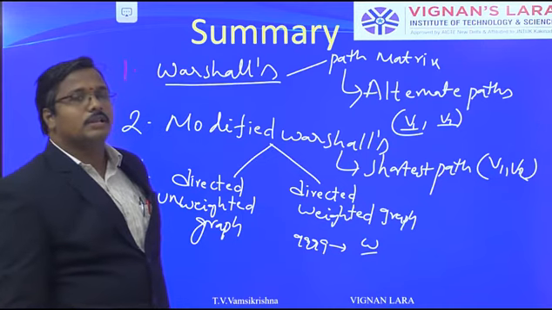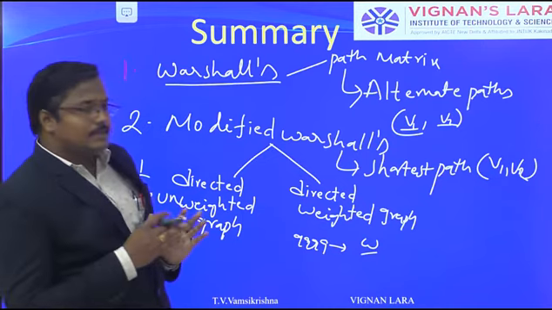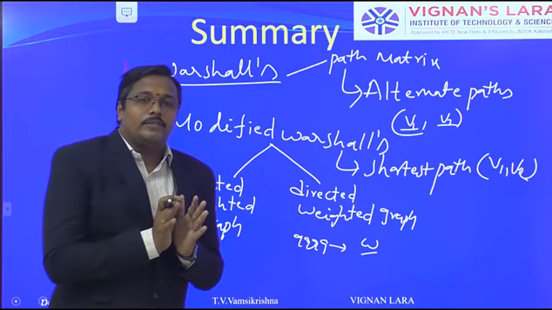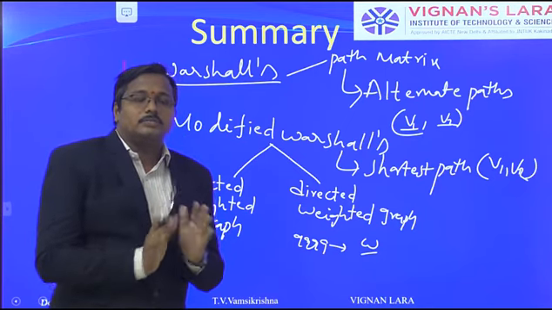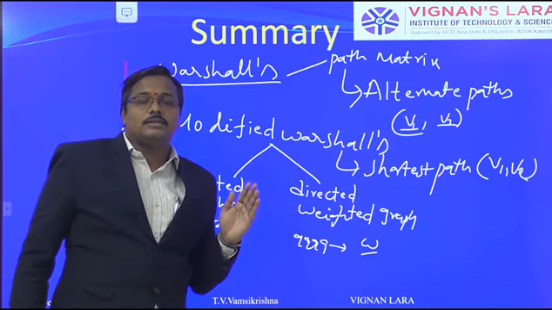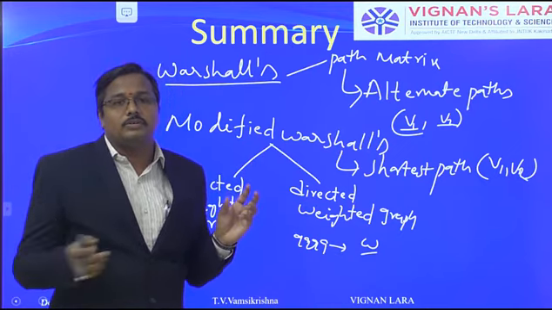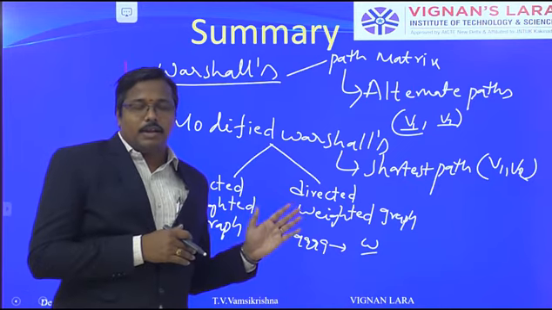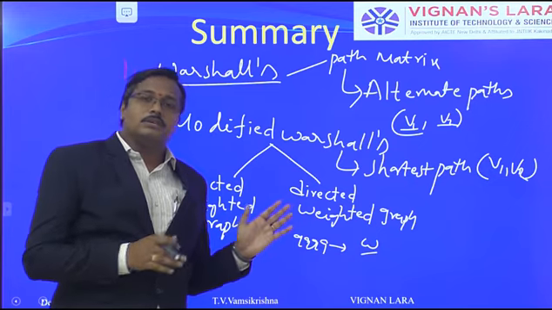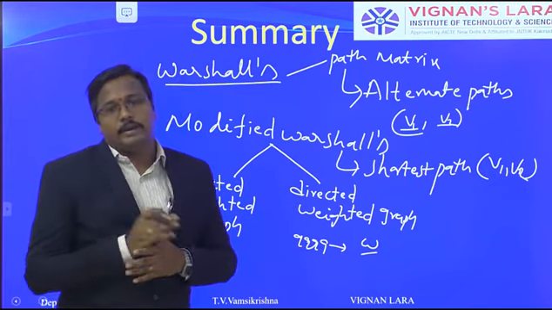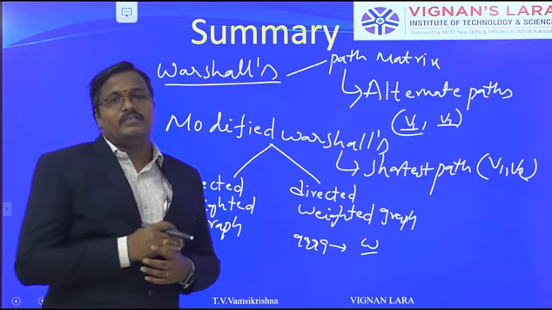In both cases, we have designed the algorithm. Initially, we define the shortest path matrix by using the adjacency matrix. In the adjacency matrix, 0 is represented with an infinity value, 9999, and the remaining values are simply copied as they are. Then we defined the formula.